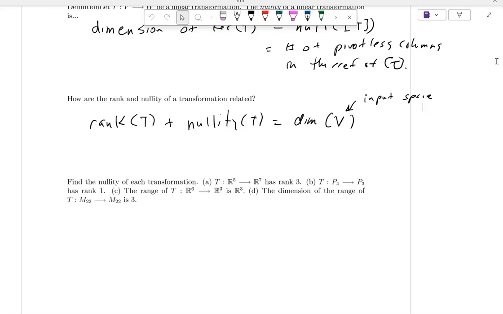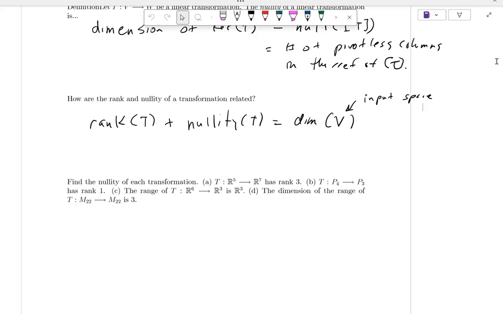All right. So last thing we talked about on whatever day that was, Monday. Today's Wednesday, right? So on Monday we talked about the rank and nullity of a transformation.